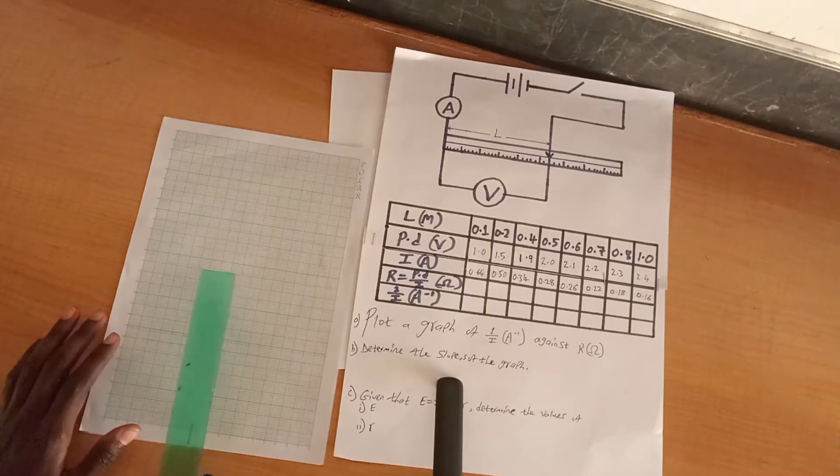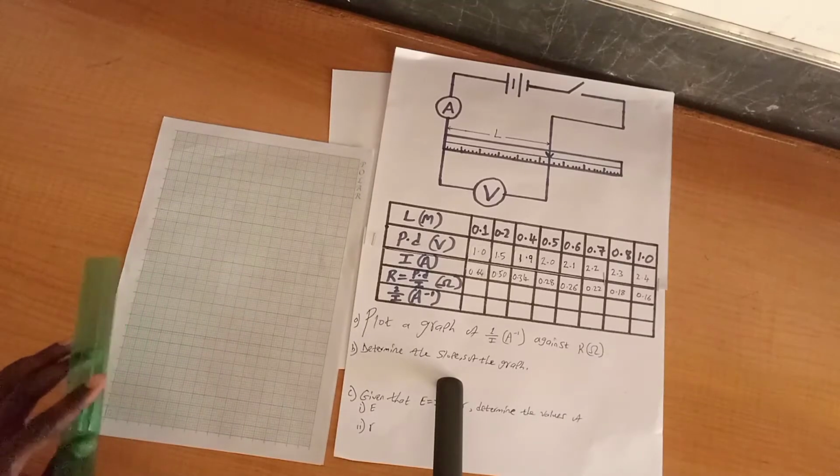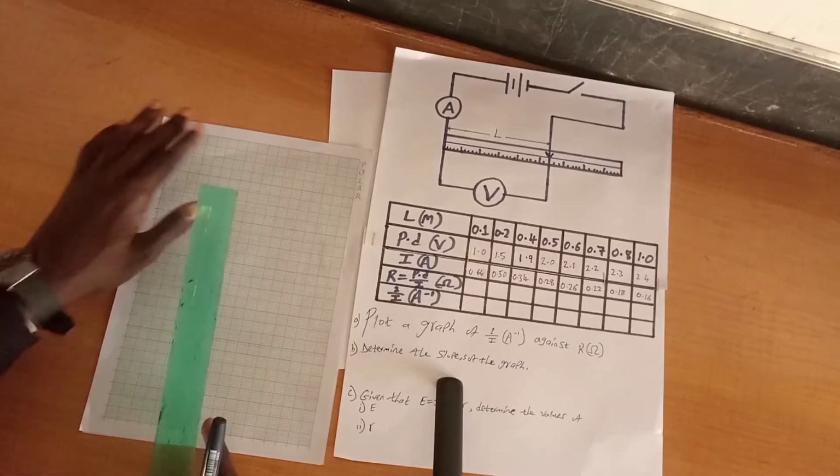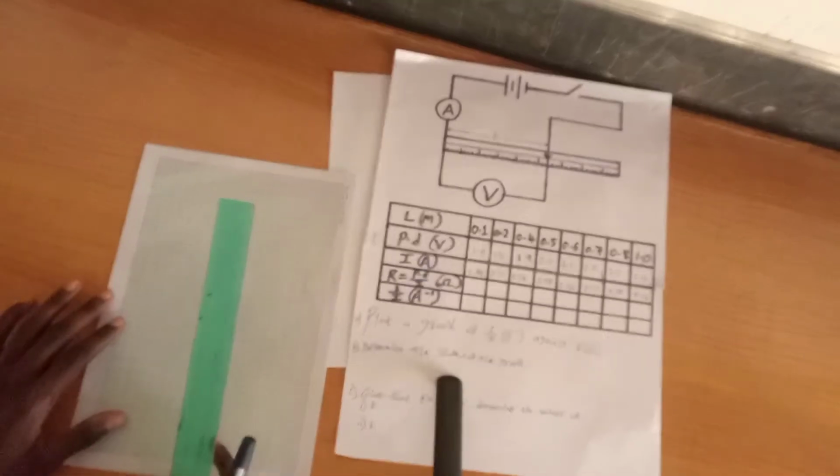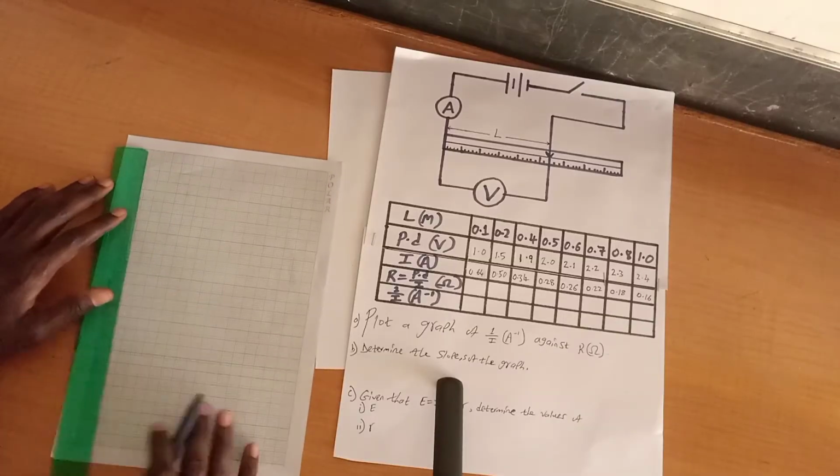So viewers, we want to plot a graph of 1 over current against the resistance. First we draw the axis.